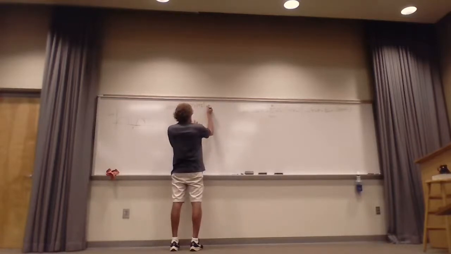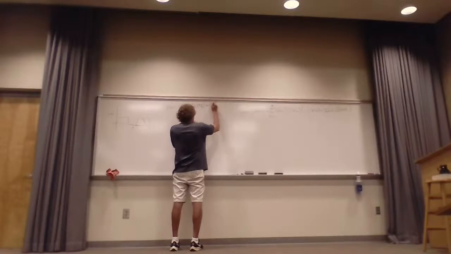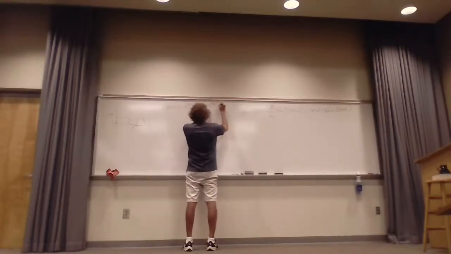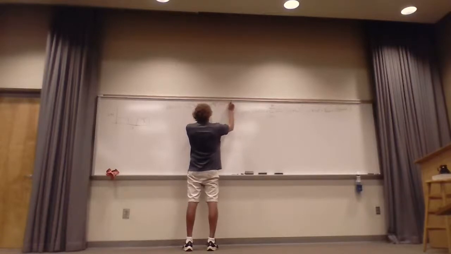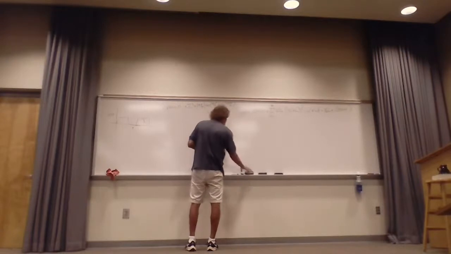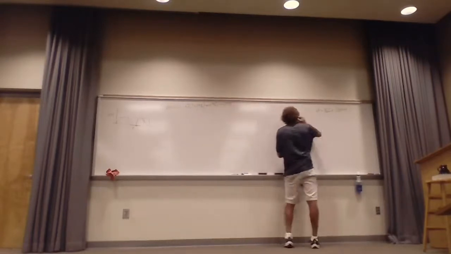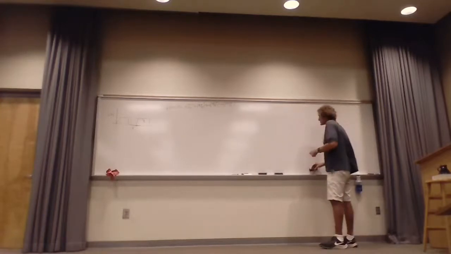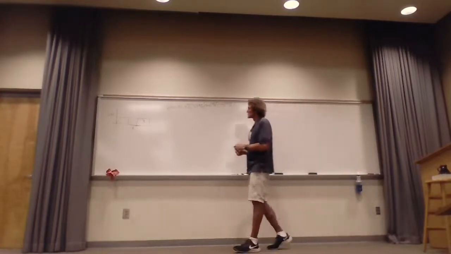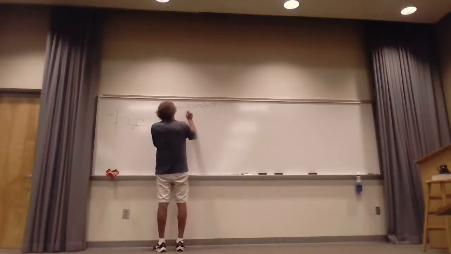Then it's times the sinc of n omega naught tau over 2, and then times the sinc of n omega naught tau rise over 2. Let me erase this for now. And this is for n equal 1 to infinity.